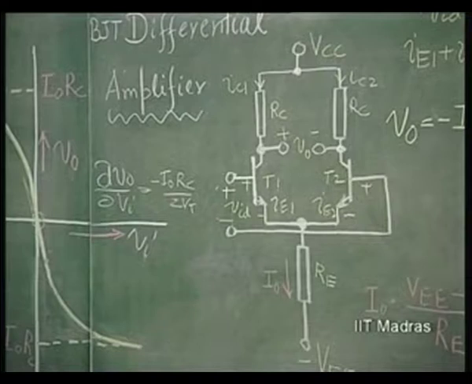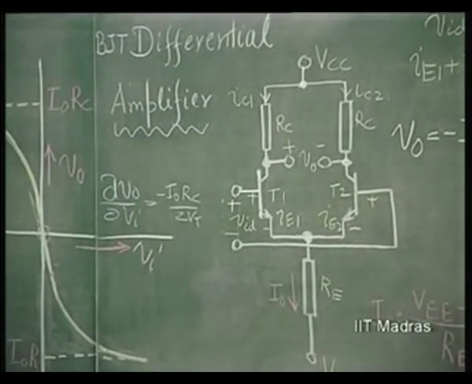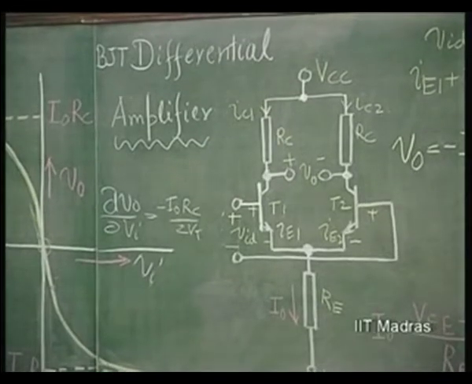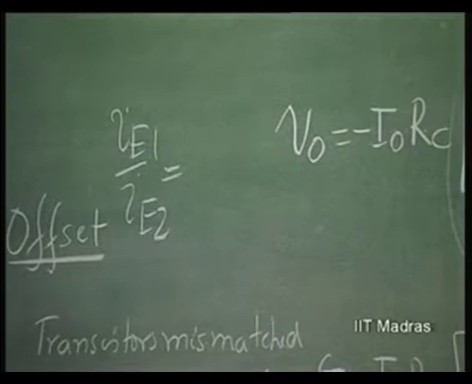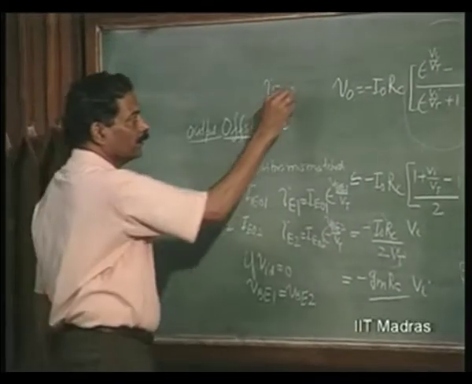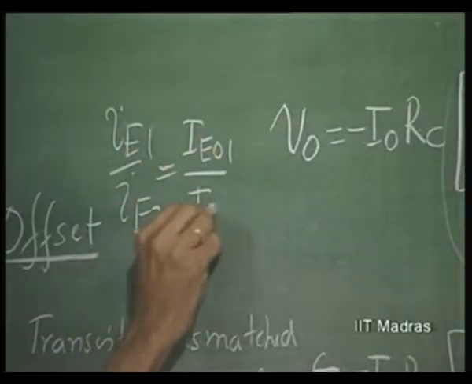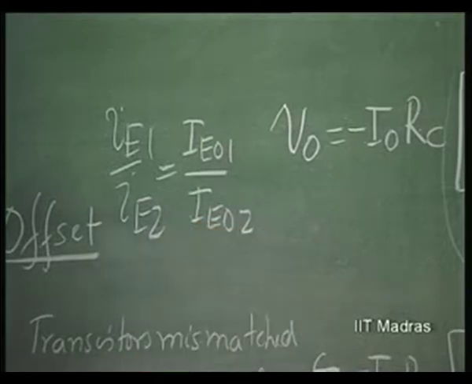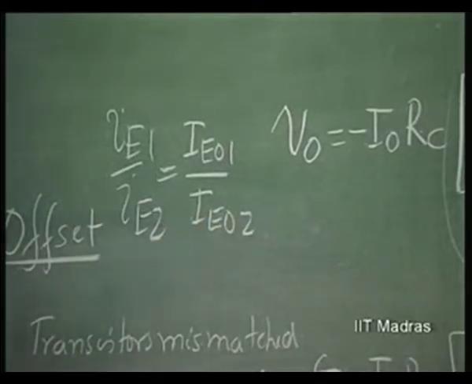Then VBE1 is same as VBE2, therefore, IE1 by IE2 is not equal to 1. You take the ratio, it is IE naught 1 by IE naught 2. Is this understood or not?